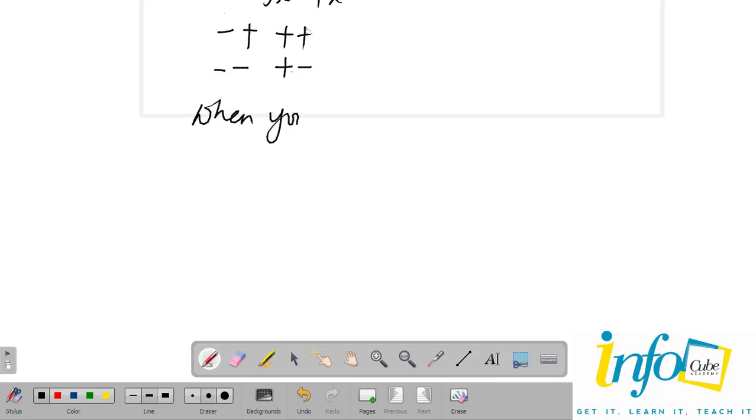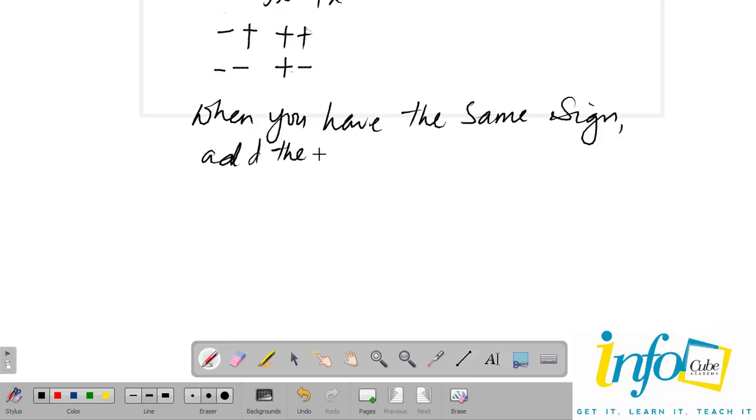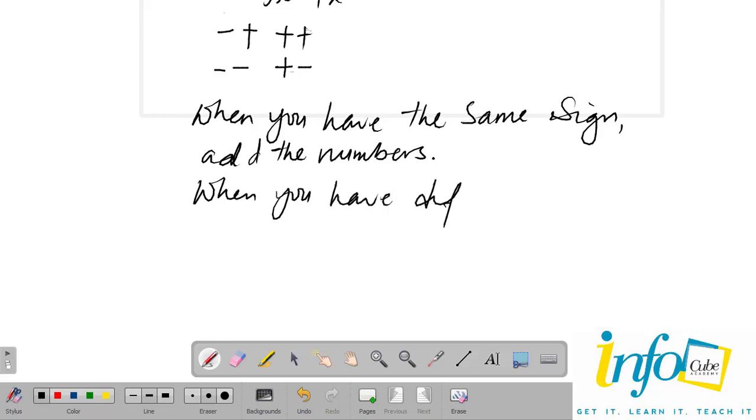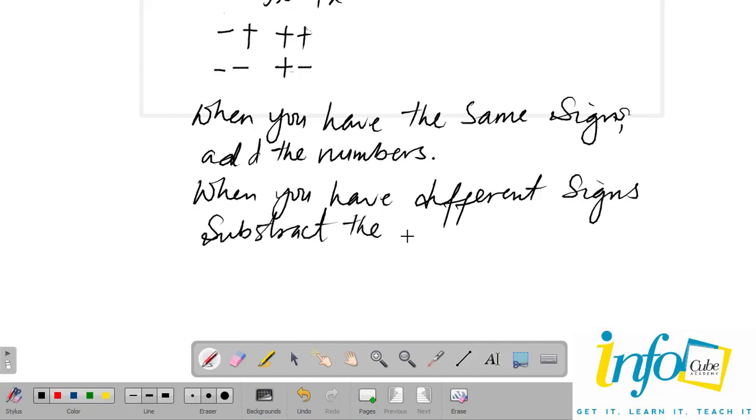When you have the same sign, add the numbers. Now when you have different signs, subtract the numbers.